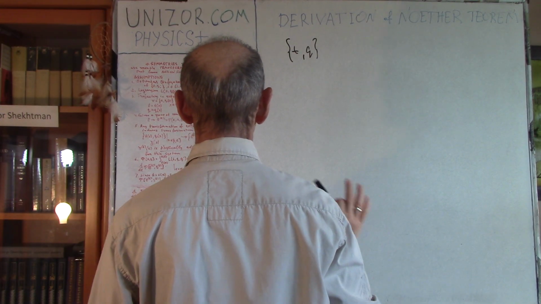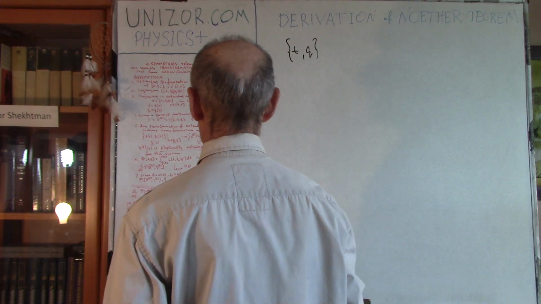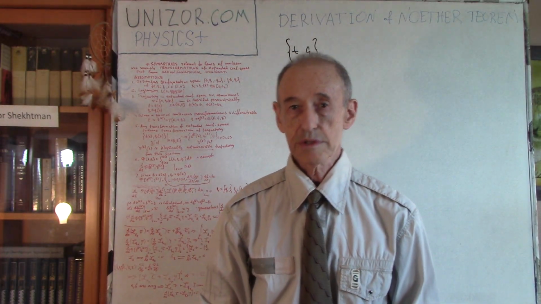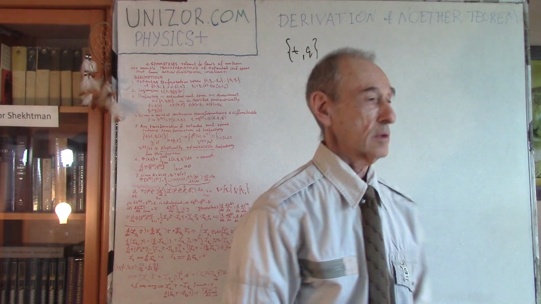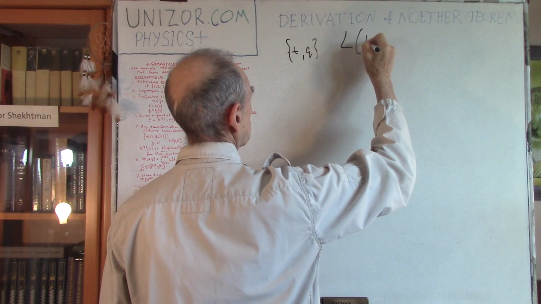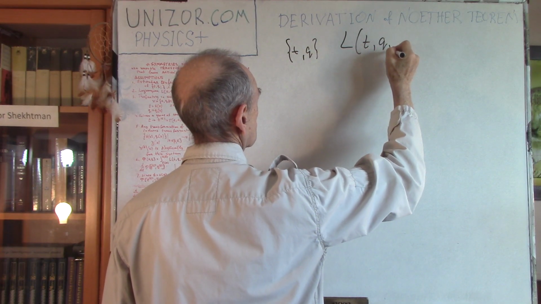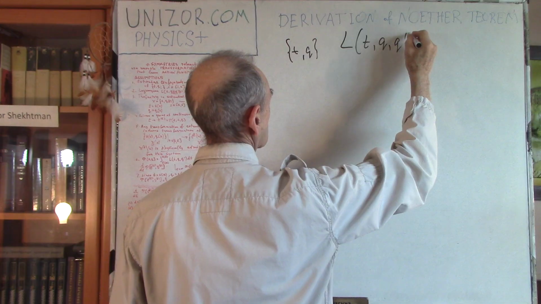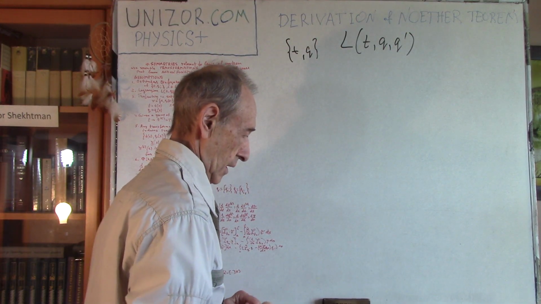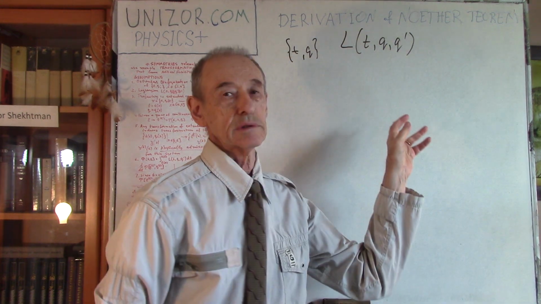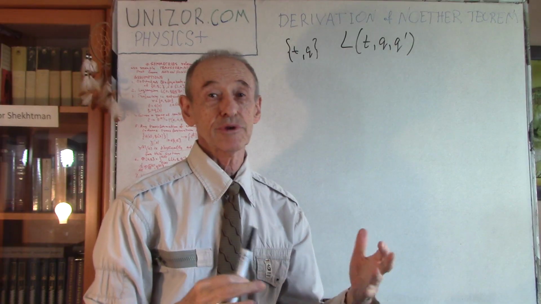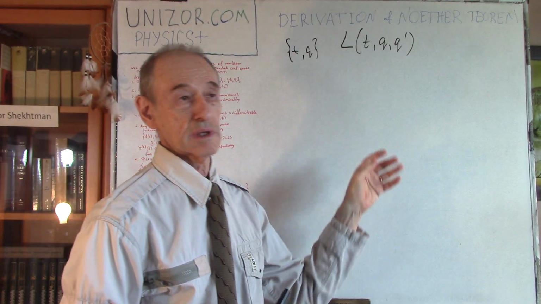Okay, so we have introduced that. Next, the concept which you have to be familiar with is the Lagrangian. The Lagrangian in typical form is a function of time, generalized coordinates, and their time derivatives. Now, in this particular interpretation, the Lagrangian is not symmetrical relative to coordinates.